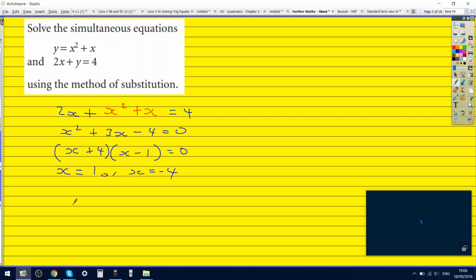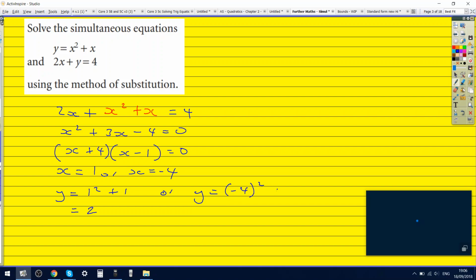So for each value of x, we could sub it in. y equals 1 squared plus 1, which is just 2, or y equals minus 4 squared plus minus 4.